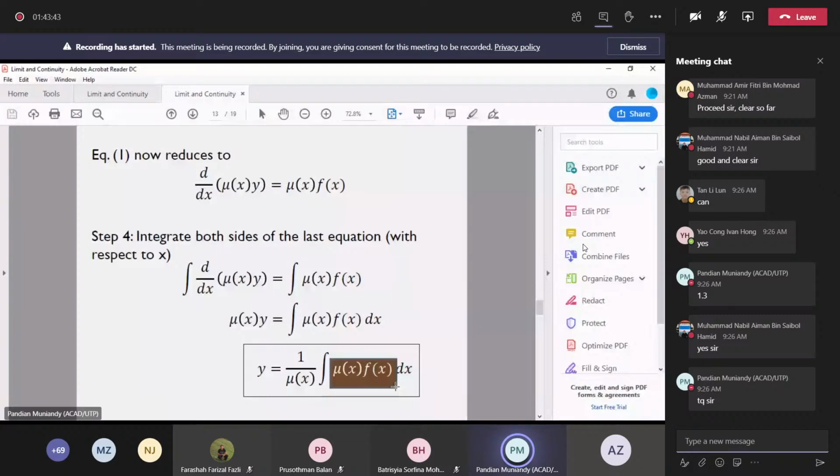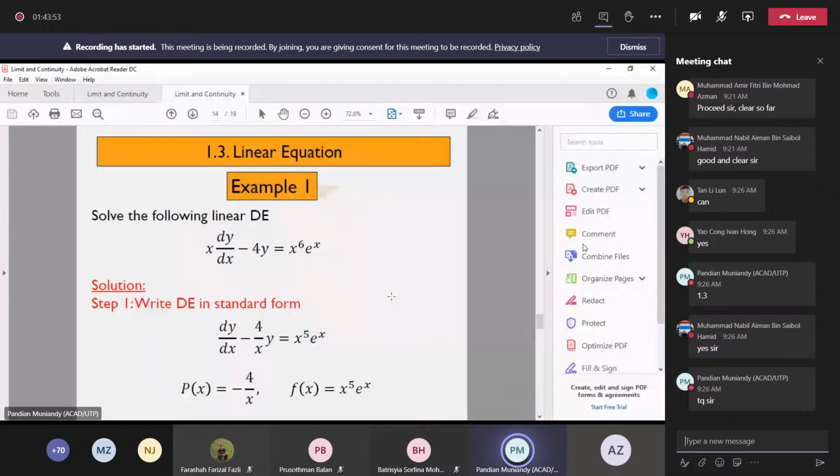So the plus c we will find. Now you see this example, 3 steps only. Step 1, dy/dx plus P(x)y equals f(x). Step 2, mu(x) equals e power integral of P(x) dx. Step 3, y equals 1 over mu(x) in the bracket, integral of mu(x) f(x) dx.